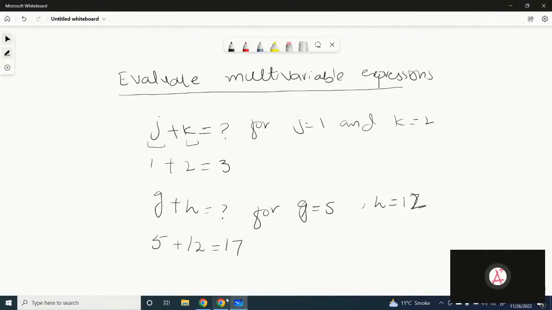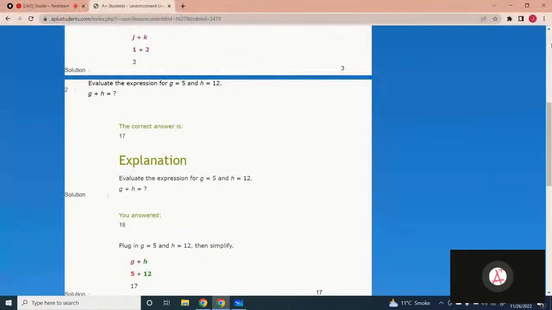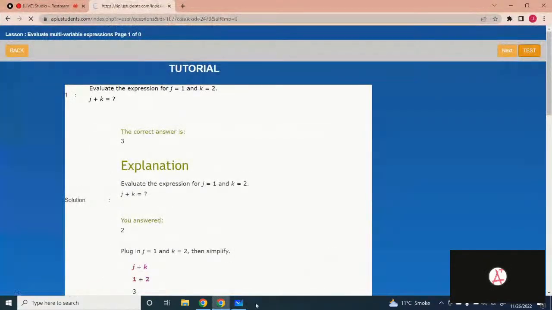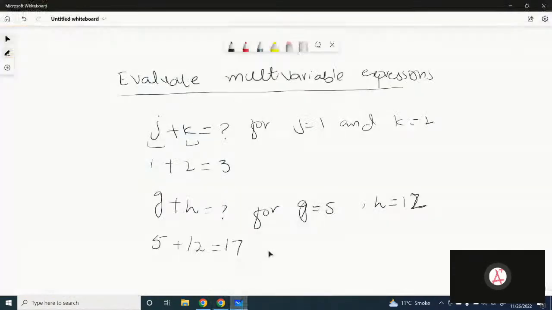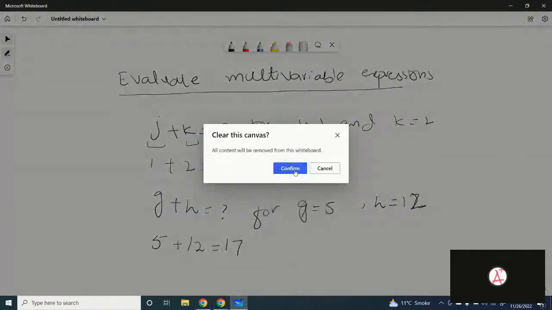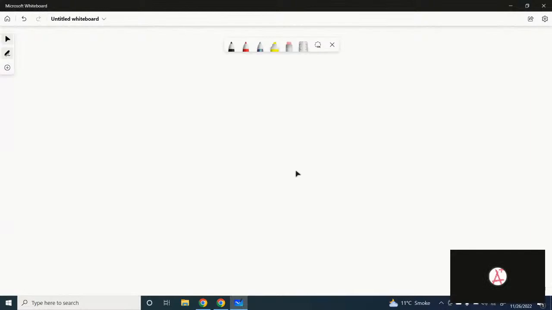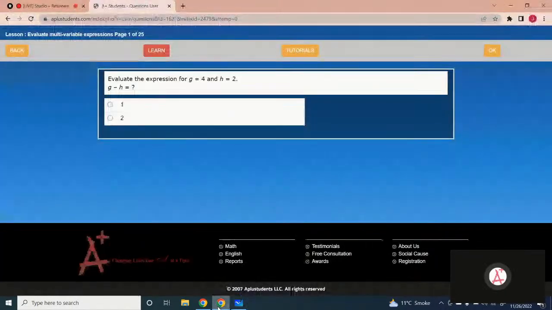Okay, let's just start with the test of the lesson. Okay, evaluate the expression for g equals 4 and h equals 2. You have to find the value of g minus h. You have to calculate the value of g subtract h, where g equals 4 and h equals 2.